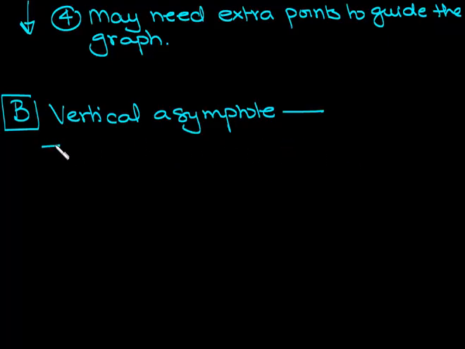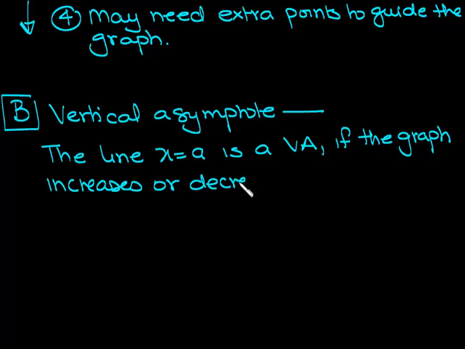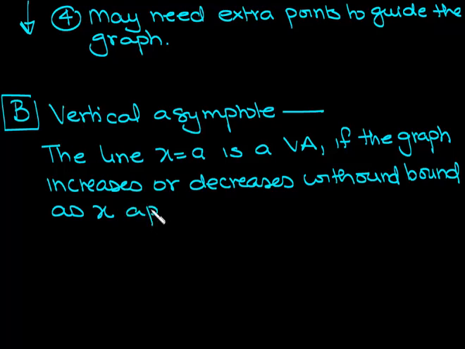The line x is equal to a is a vertical asymptote if the graph increases or decreases without bound as x approaches a from both sides.